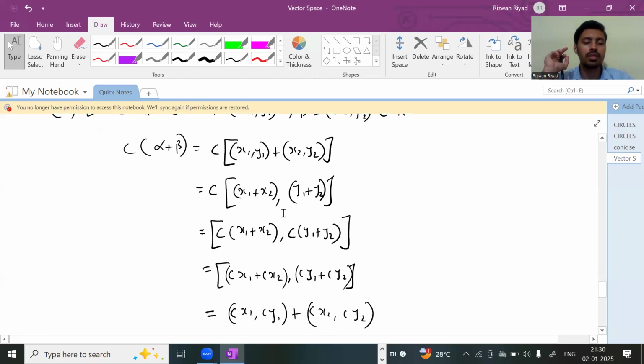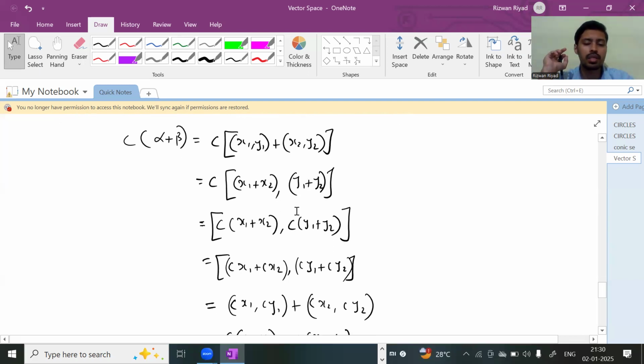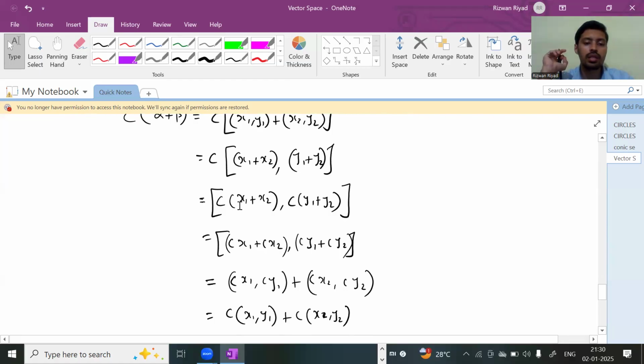Now you can take C inside. So this becomes (C into x1 plus x2, C into y1 plus y2). That means this C again you can take inside this bracket. So this becomes (Cx1 plus Cx2, Cy1 plus Cy2).